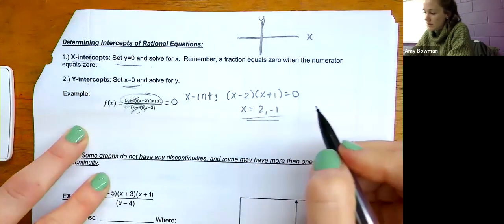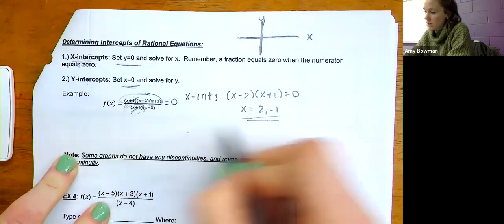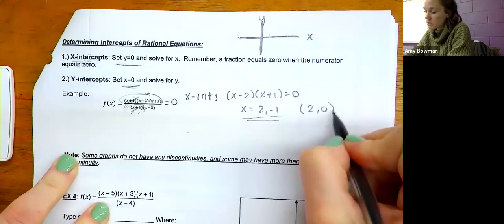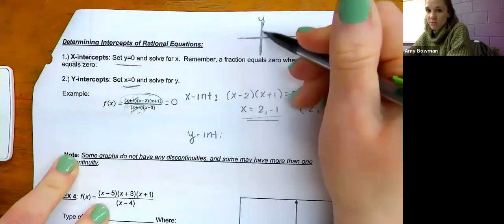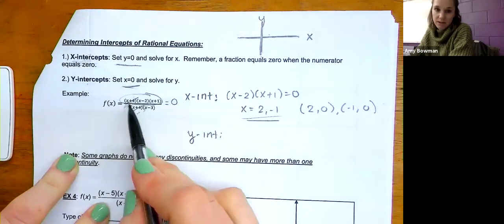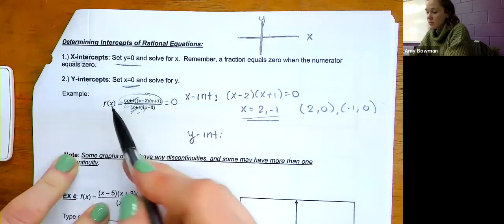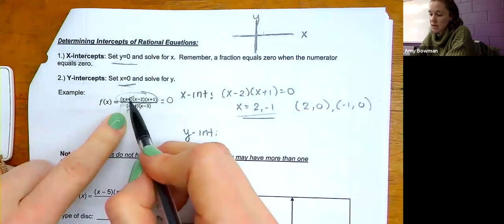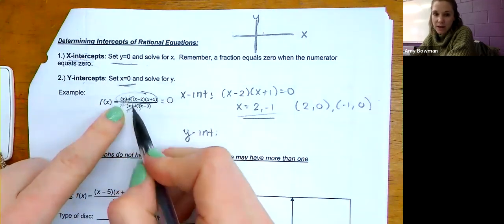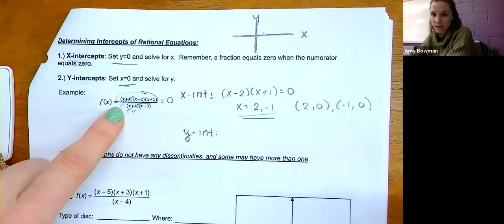So these are my x-intercepts. If we wanted, I could write those as points, (2, 0) and (-1, 0). My y-intercept, remember, y-intercepts happen when x equals 0. This is nice because we're literally just plugging 0 in for x. So when I plug 0 in for x, it doesn't matter if you take the x plus 4s out or not. Those two values, 4 over 4, are going to cancel out anyways.